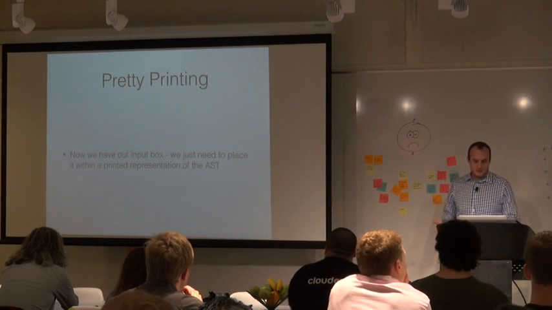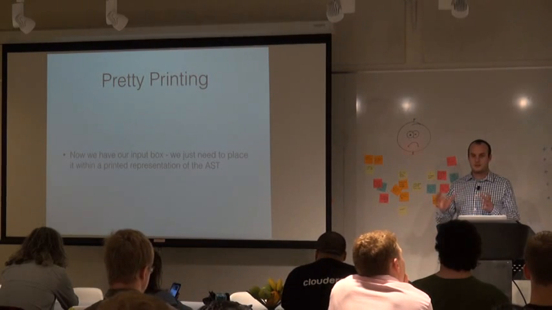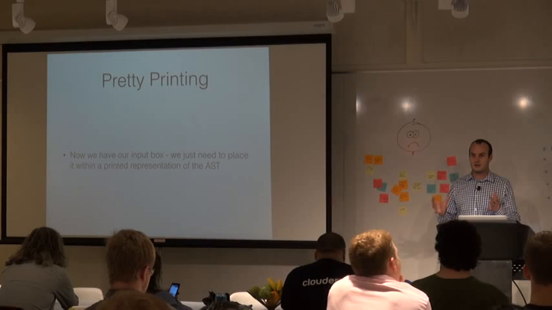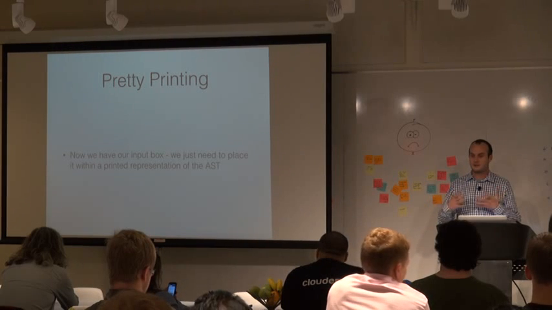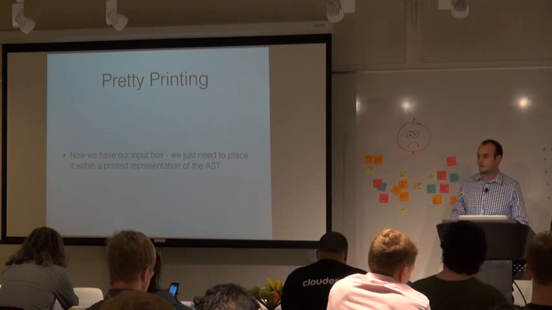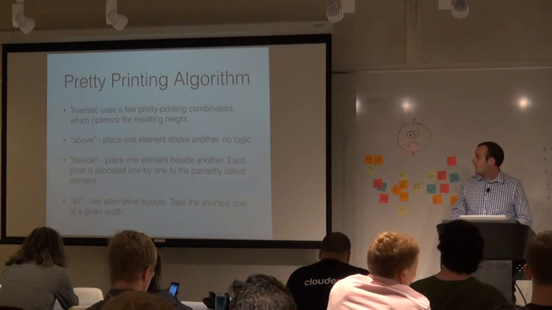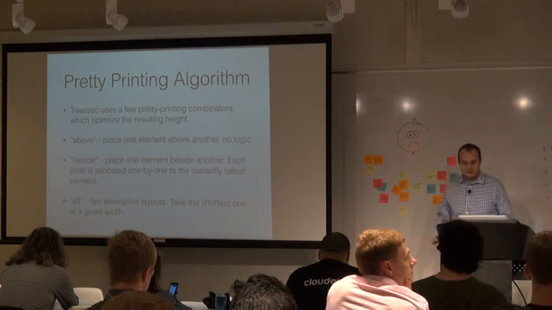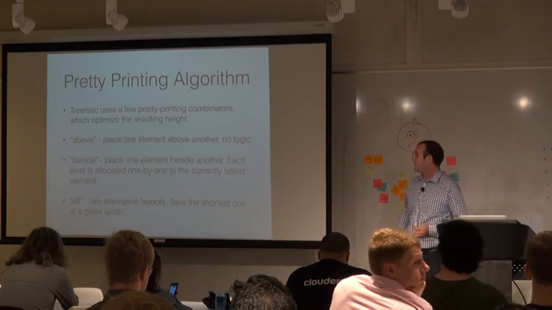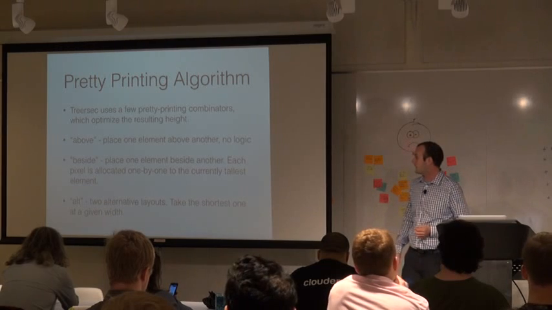So now that we have our input box, we want to see our current tree in some representation, and then we want the input box to be in there for us to edit our tree. So the pretty printing algorithm I use is pretty basic. I kind of just came up with it in a day and haven't really optimized it yet.